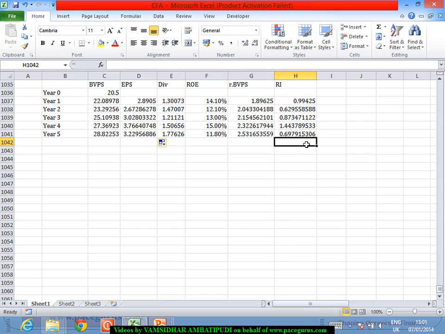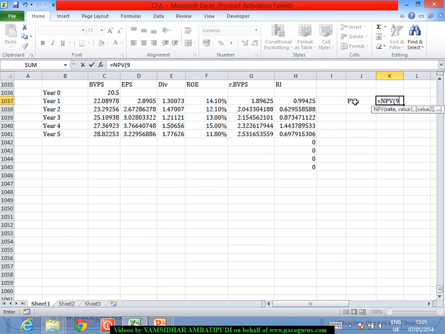Now from the 6th year onwards, let's say the RI are going to be 0 itself, which means the persistence factor... logically speaking, if the RIs are going to be 0 from this period onwards, how do I find out the present value? I could have taken the NPV at the rate of 9.25%, calculate these future cash flows or future RIs, and add up the book value per share as of today, and all the others are going to be zeros.